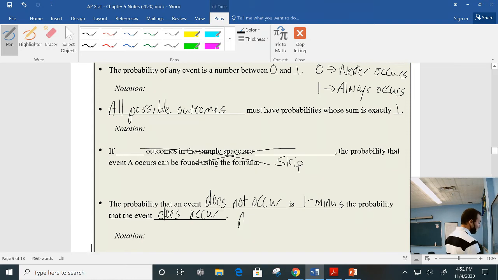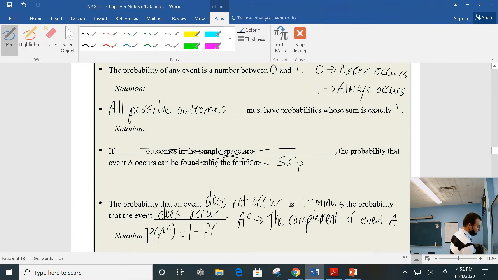This is what's called the complement. So when you see A superscript C, that's the complement of A. And the probability of the complement, of that event not occurring, is 1 minus the probability of the event occurring.